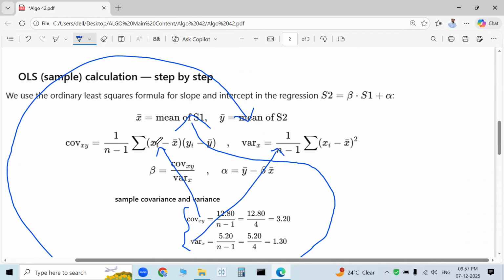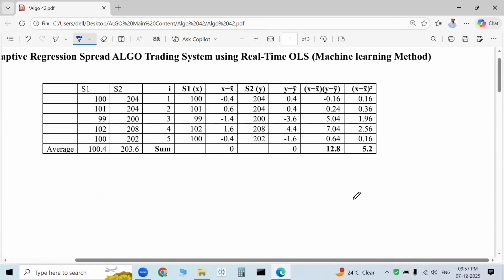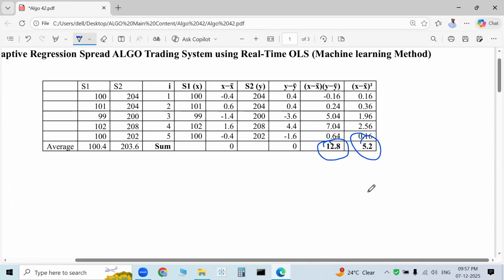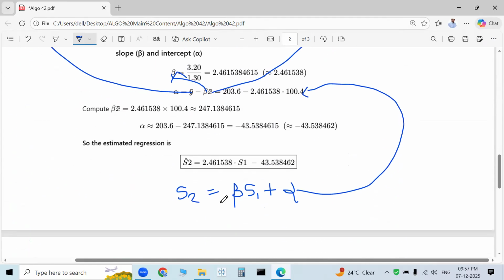Now how to get this x bar minus x and y bar summation? We are getting it from here. And this value, we are getting it from here. This is a game of finding beta and alpha. Once we get the value of beta and alpha, we just need to put them in this equation.